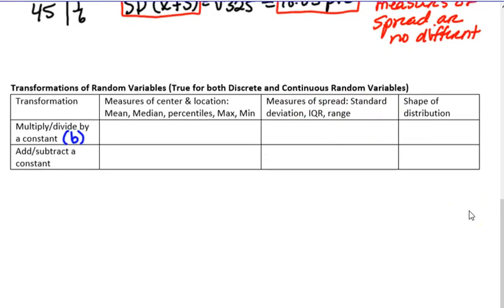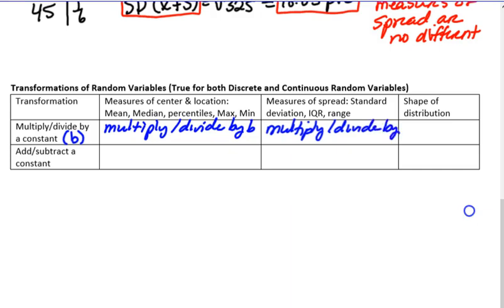So if we multiply or divide by a constant b, the measures of center are multiplied or divided by b. The measures of spread also multiply or divide by b.